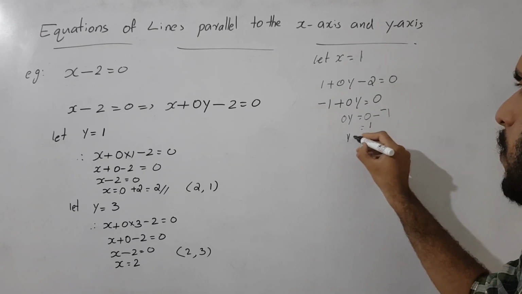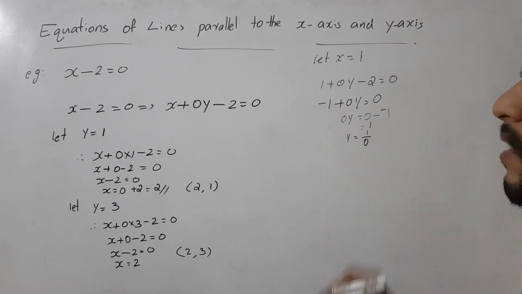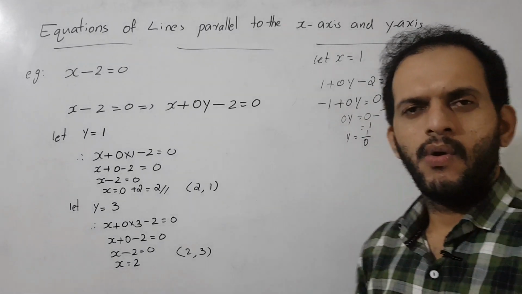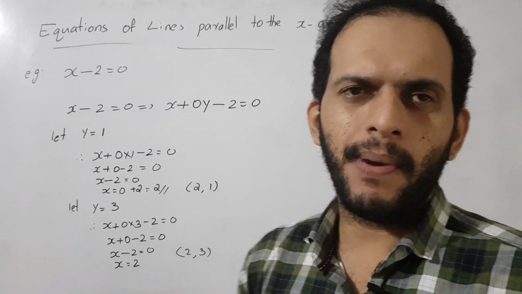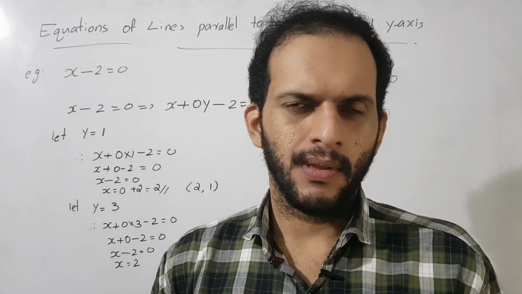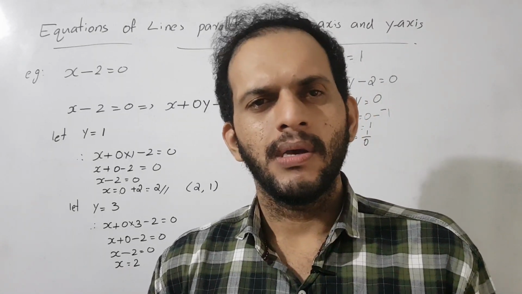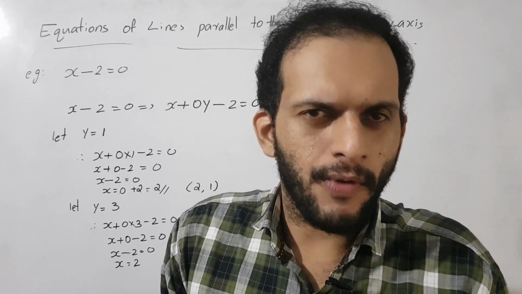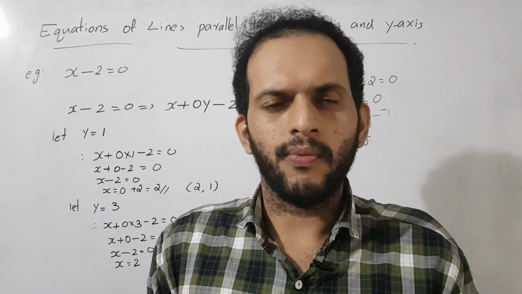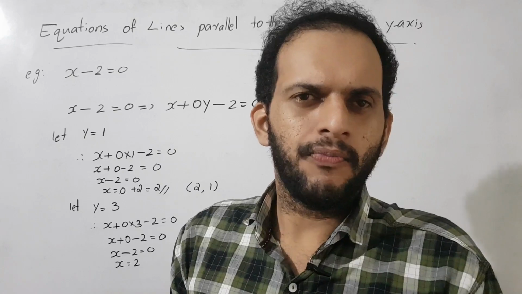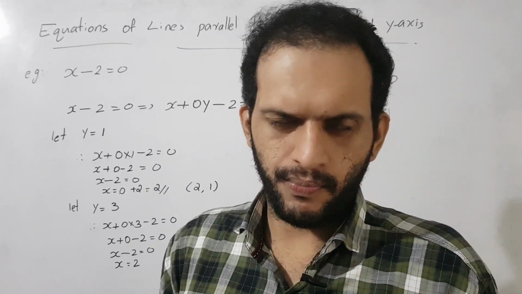Therefore y is equal to 1 by 0. What is 1 by 0? It is dividing a number by 0. Up to now, the value of a number divided by 0 is not defined.